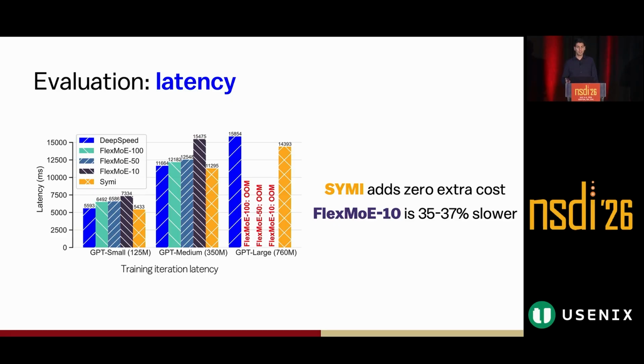And we see that FlexMOE, the baselines that were rebalancing very frequently and did great on convergence, do not have enough iterations to amortize this cost. For example, FlexMOE with 10 iterations has only 10 iterations to amortize the huge cost of moving around the optimizer, which is not enough, and as a result, the average iteration latency is more than 35% higher across our systems.